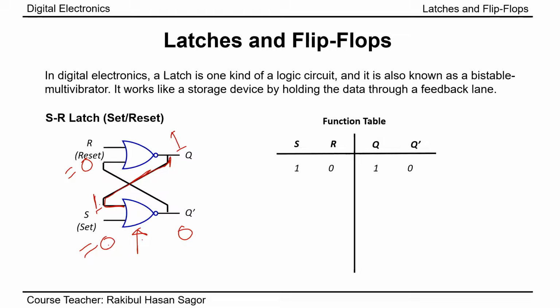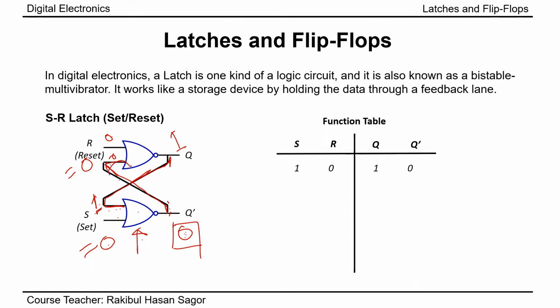So 0 1 will give me the output 0, as one of the inputs of the NOR gate is 1, so that will give me the output 0. This 0 will appear here, so this 0 and r equal to 0, so both 0 0 will give me the 1. So this 1 again will appear here, and it will give me the output 0.